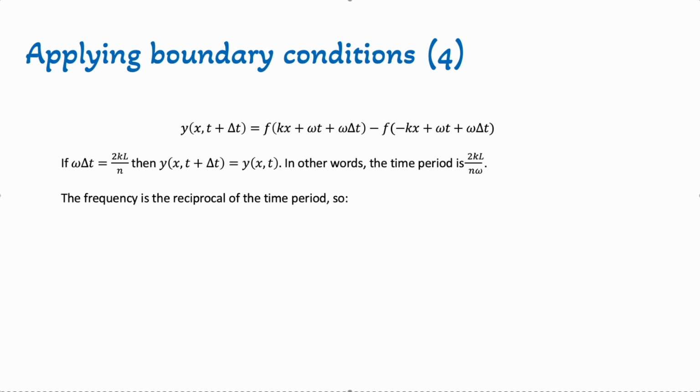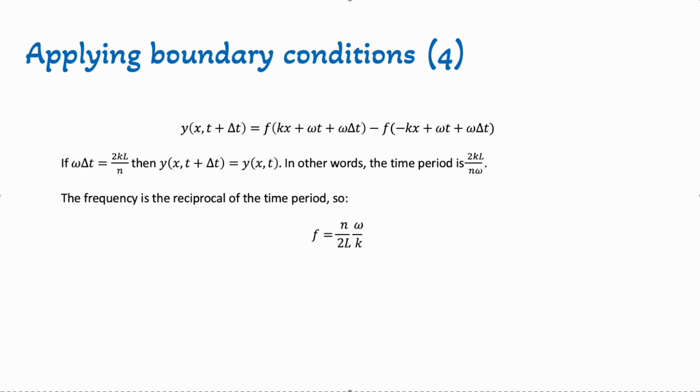We can also now know the frequency. The frequency is just 1 over the time period, because the time period is how many seconds it takes for one whole cycle to happen, and the frequency is how many cycles there are per second. So if the time period is 2kL over n omega, the frequency is n omega over 2kL, which I've written like this, n over 2L times omega over k.